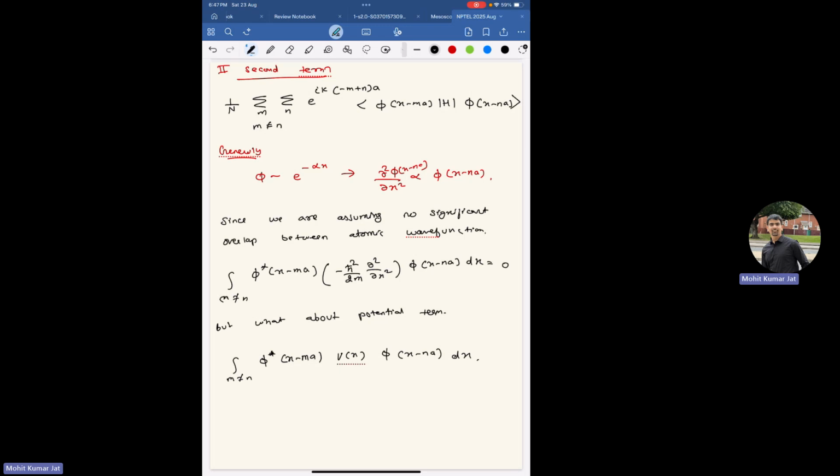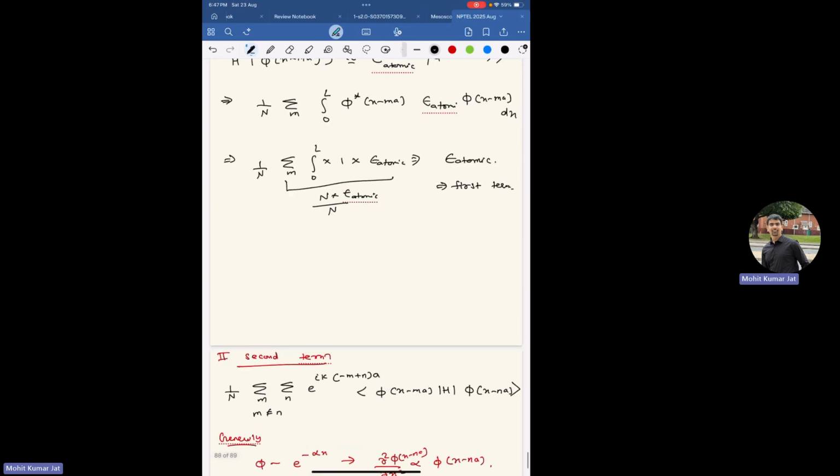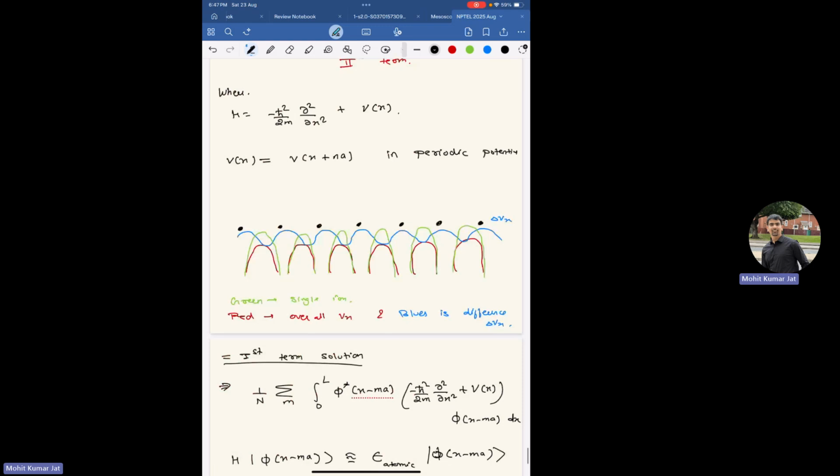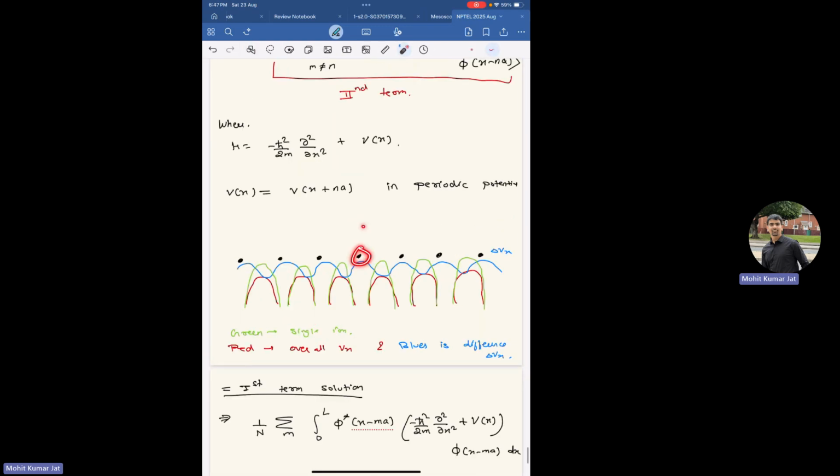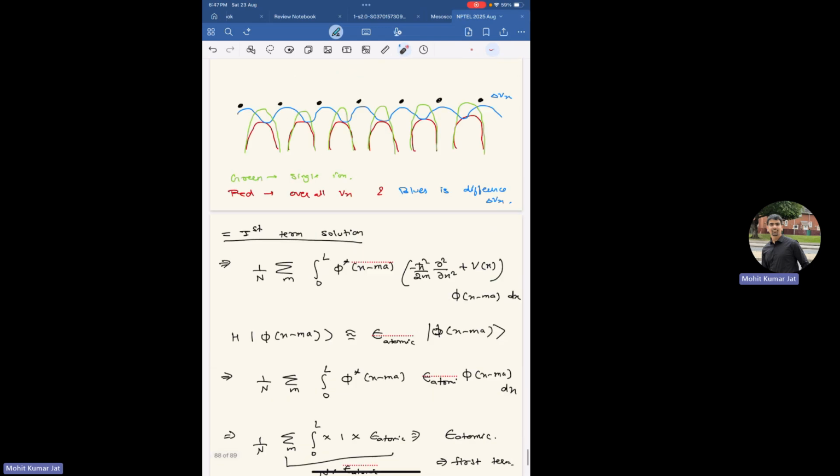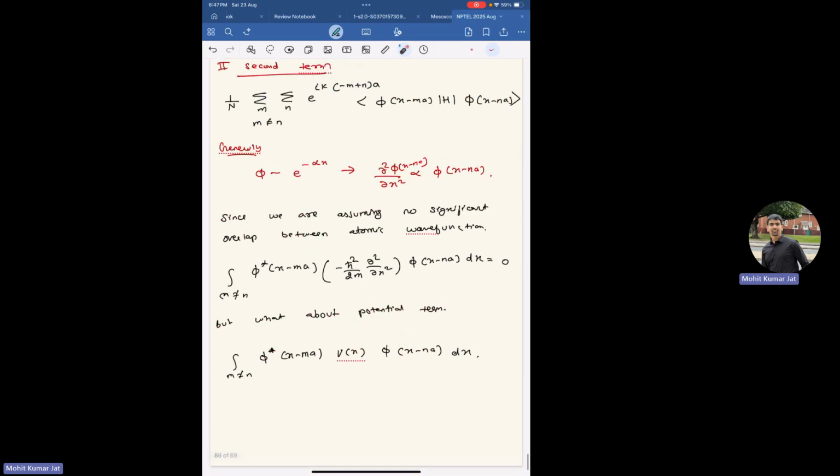So we will now allow the electrons to hop to the nearest neighbor. What do we mean by allow? The electron can hop from here to here, or here to here, or back and forth also it's possible, right? That much we allow for the nearest neighbor, and we'll see how your electronic spectrum and energy change.